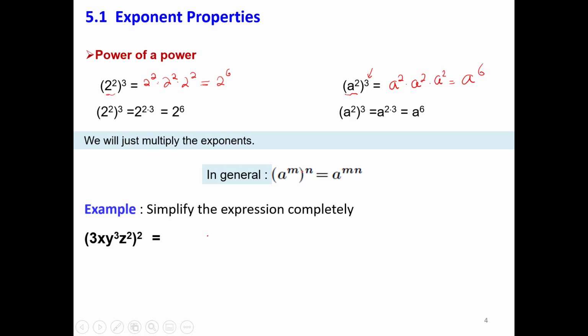But what we had to be careful is with the sign of the exponent, because the m and n can be positive or negative numbers, and still this rule applies even if the exponents are positive or negative.